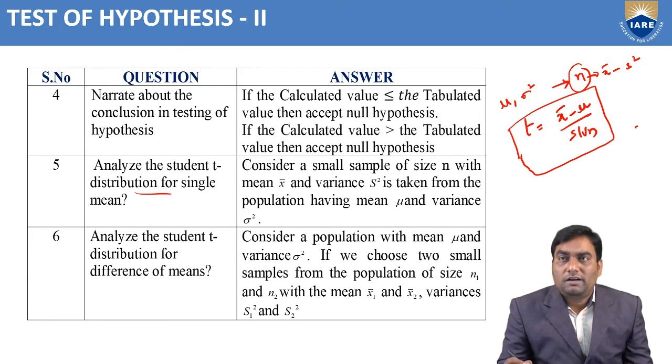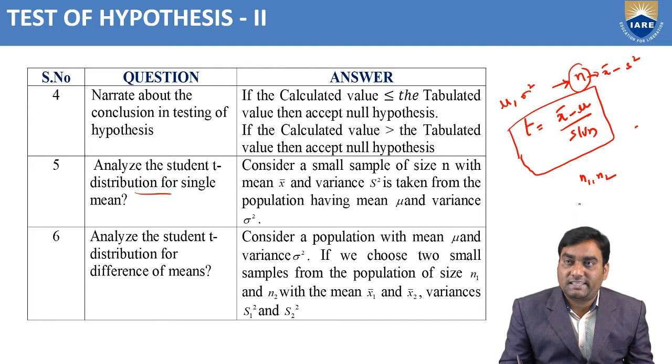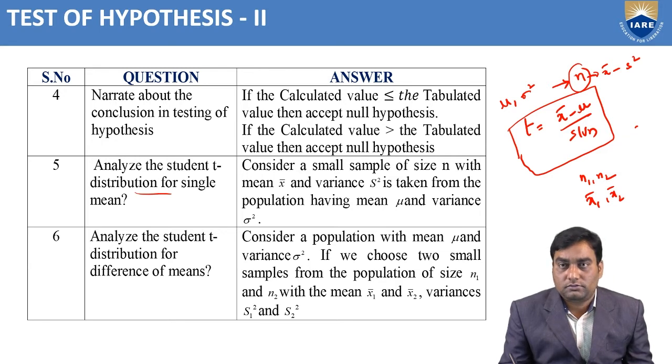Right? Difference of means: instead of one sample, we have two samples with sizes n1 and n2. They are also small samples. Their means are x1 bar and x2 bar, and their variances are s1 square and s2 square.